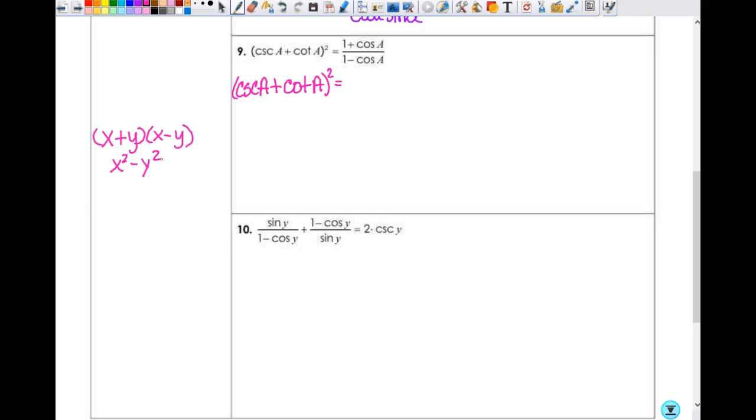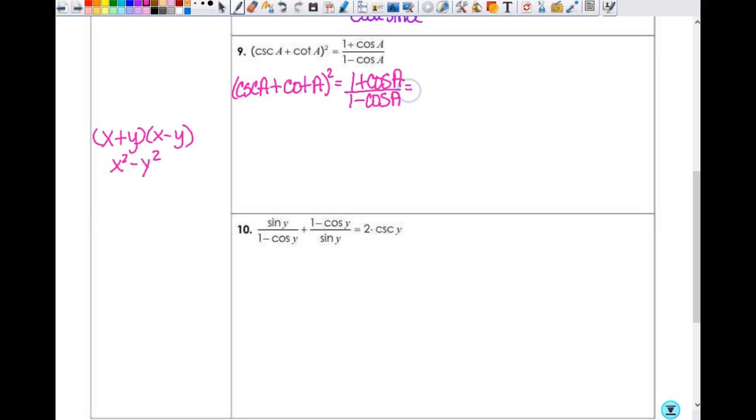Okay, so now I have to think, where would I rather have this single term, in the numerator or denominator? Denominator for sure. We don't like it when there are 2 terms in the denominator. Because I would rather have that single term in my denominator since I get a choice, I'm going to rewrite this first. I get 1 plus cosine A over 1 minus cosine A, right?